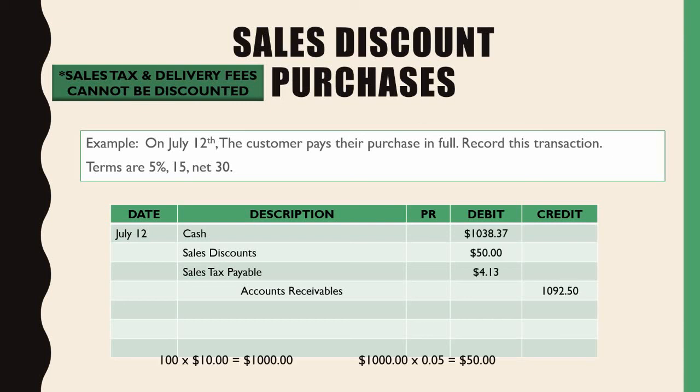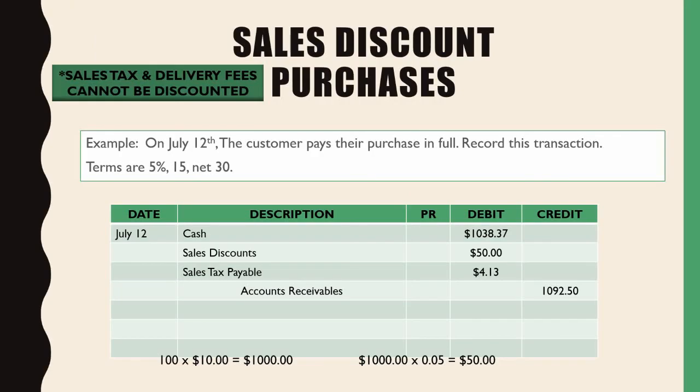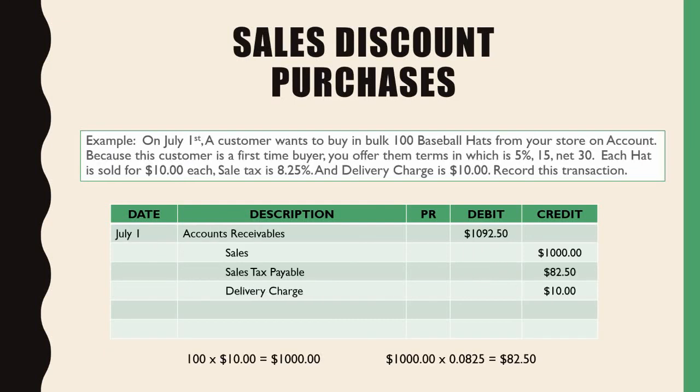All right, and I'm sorry, go ahead. So the sales tax there is based on the discount, not on the total amount of the 1,000. Right, because this time, here we charged him for the full amount on the $1,000, right?